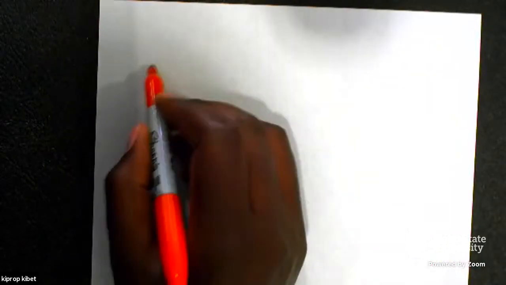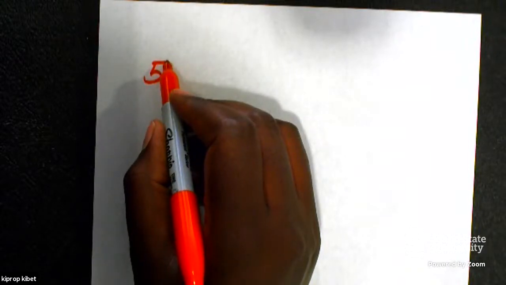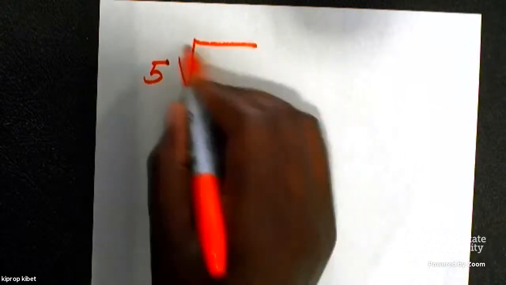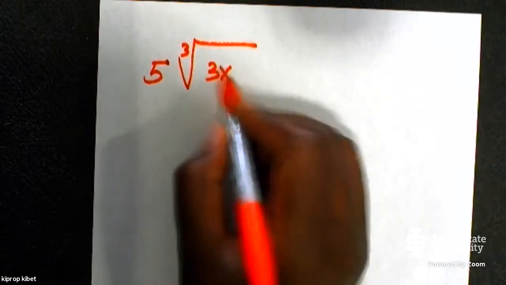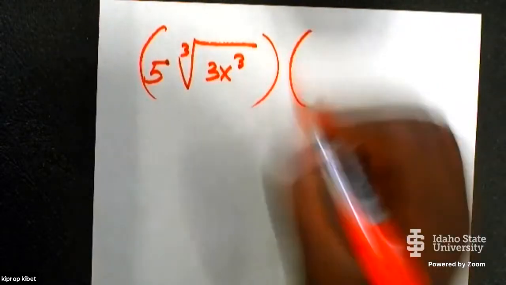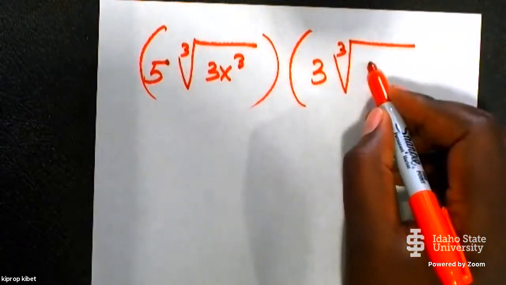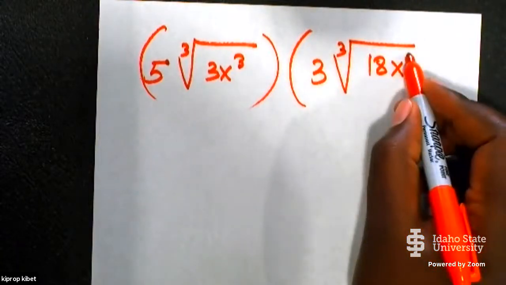So simplify 5 cube root of 3x cubed, and then 3 cube root of 18x cubed.